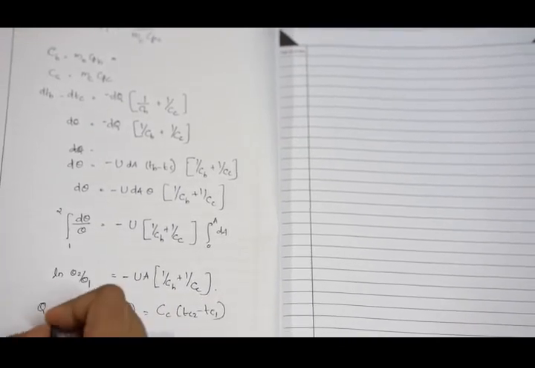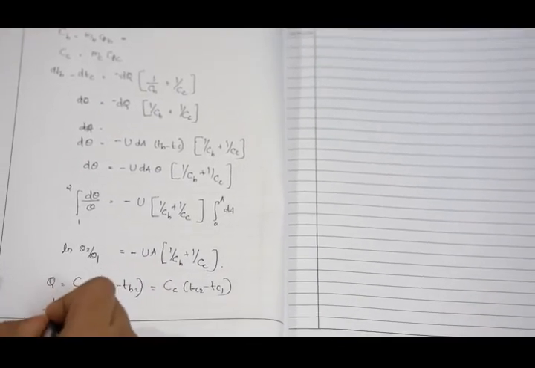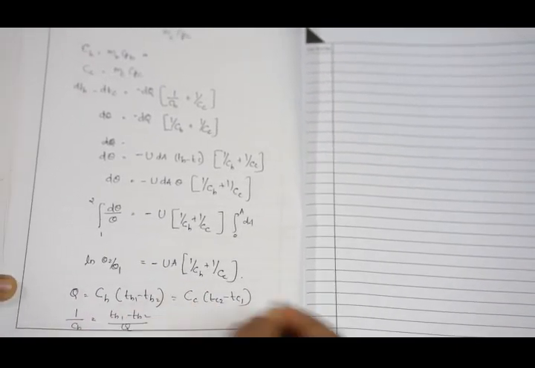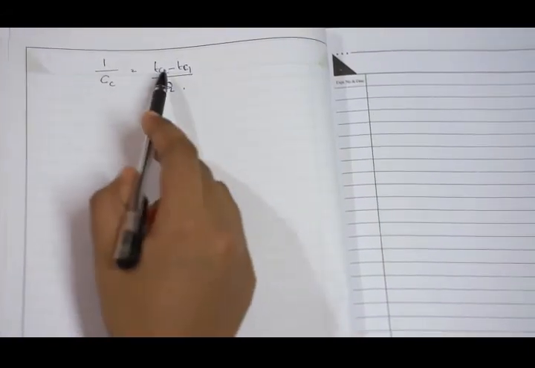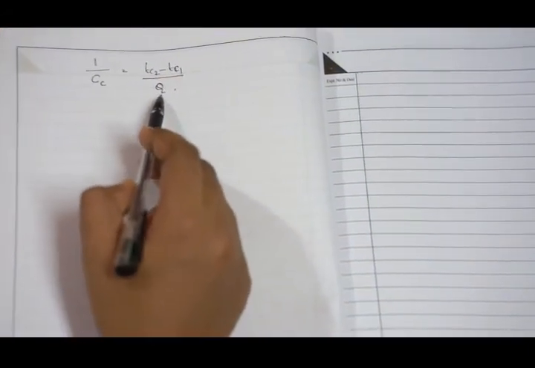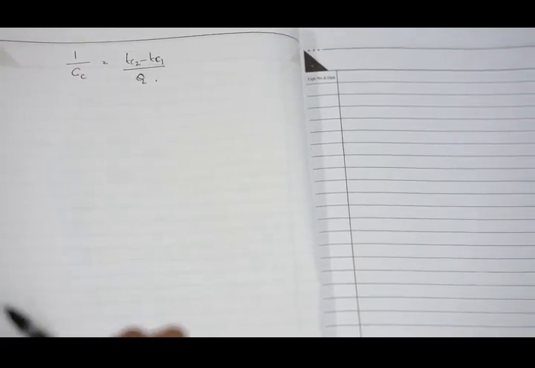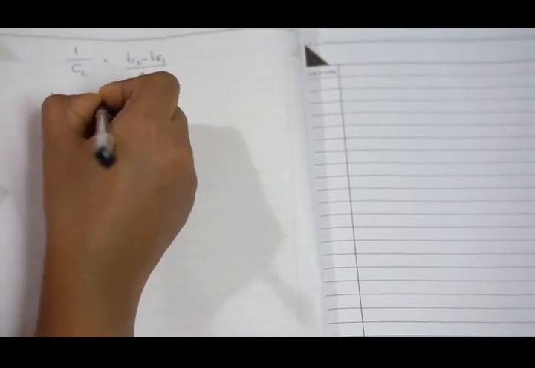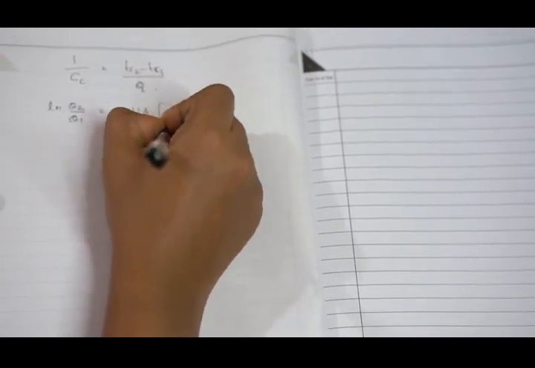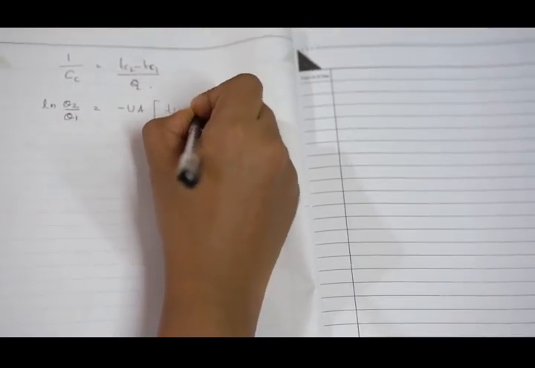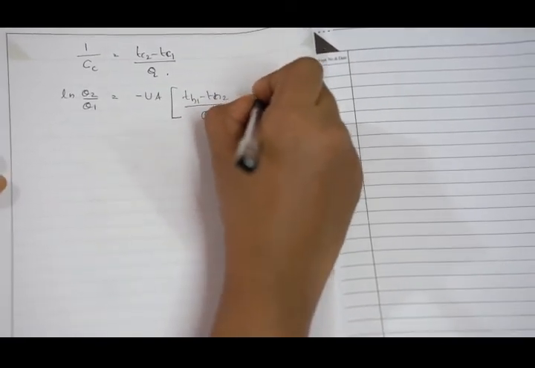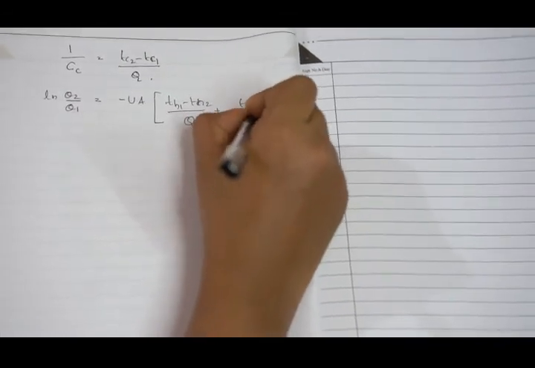From here, 1 by Ch is equal to (Th1 minus Th2) divided by Q, and 1 by Cc is equal to (Tc2 minus Tc1) divided by Q. Substituting these into the above equation, we get ln of theta 2 by theta 1 is equal to minus UA into [(Th1 minus Th2) divided by Q plus (Tc2 minus Tc1) divided by Q].